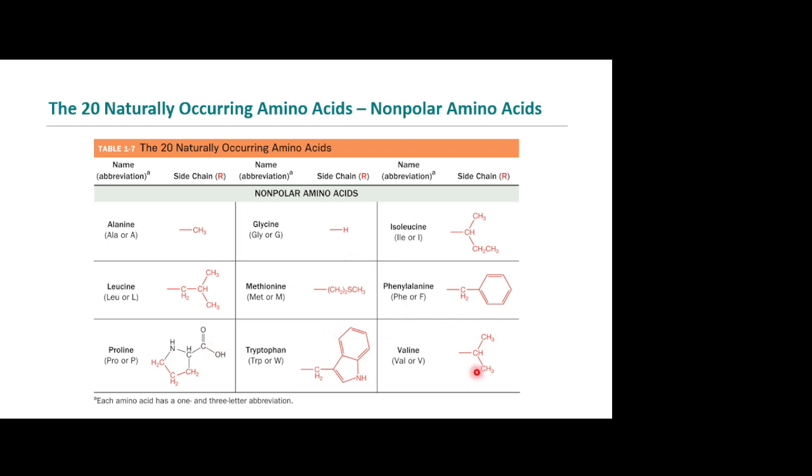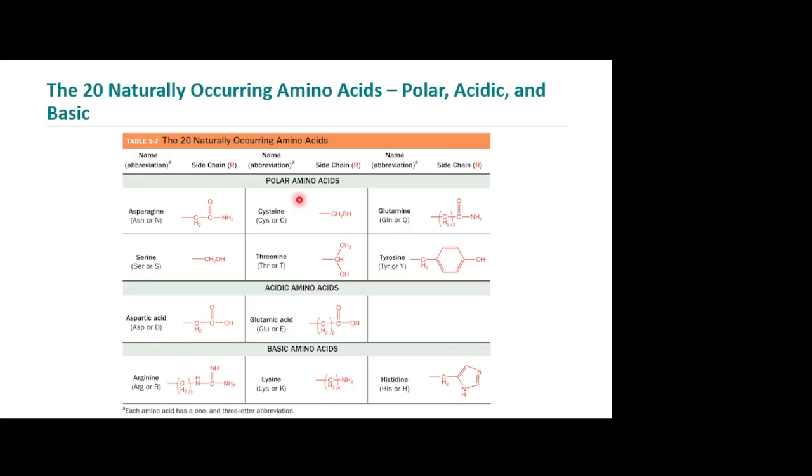Anyways, so tryptophan, valine. These are the non-polar ones. See how they're non-polar overall? They don't have any charged poles overall, dipoles, for the side chain. Not the amino acid. The amino acid definitely does. Over here, we have the polar amino acids, and then these are the acidic ones and basic ones. So at physiological pH, these ones are acids.